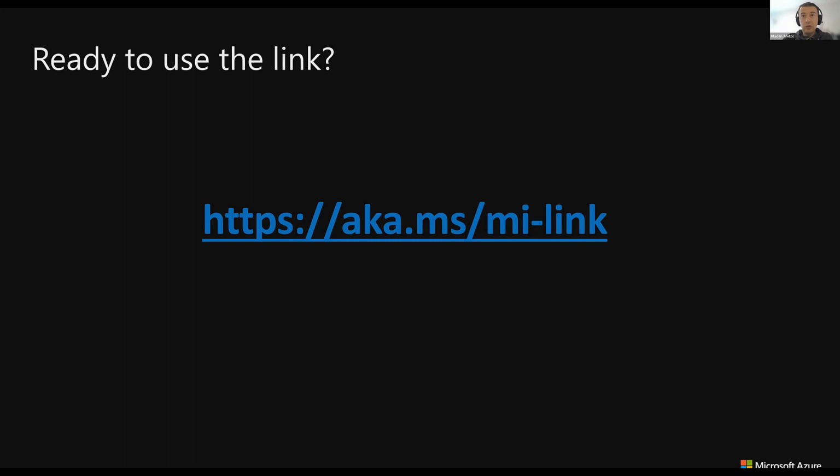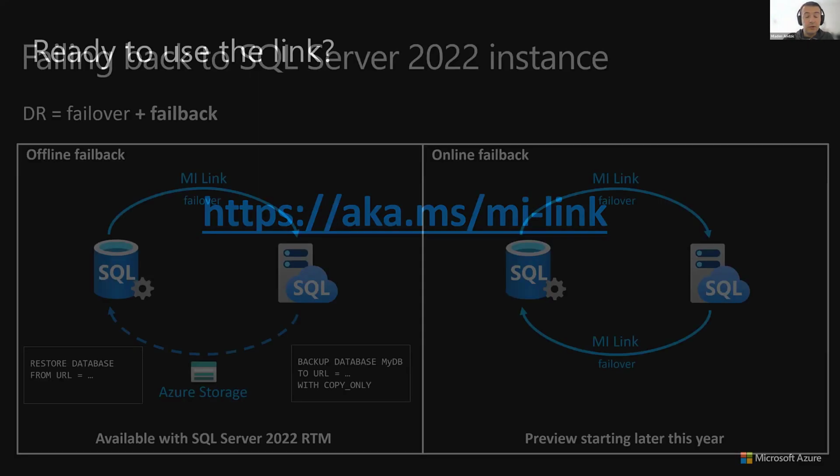What we mentioned during this presentation, and that I think is also very useful, is the capability to take a backup from managed instance and then restore it to SQL 2022. I mentioned that as a part of the offline failback scenario, but in general, this is very useful for customers that need to provide a copy of the database to their end customers.